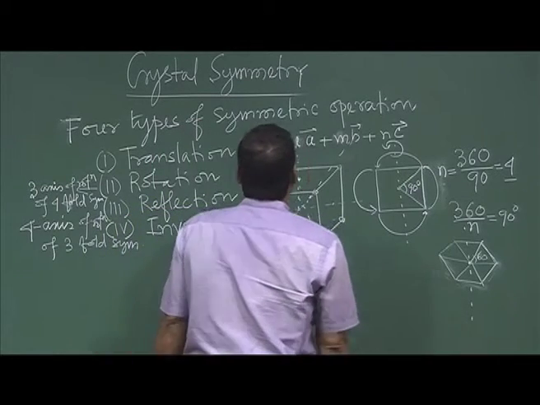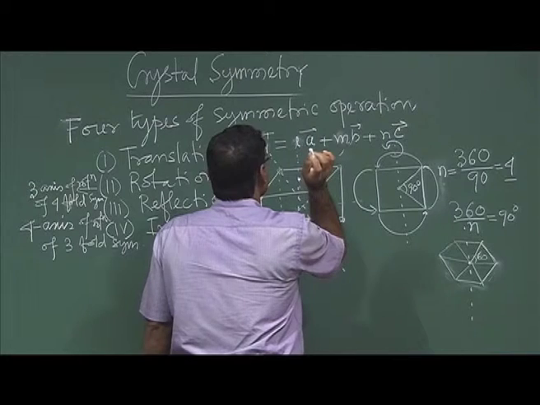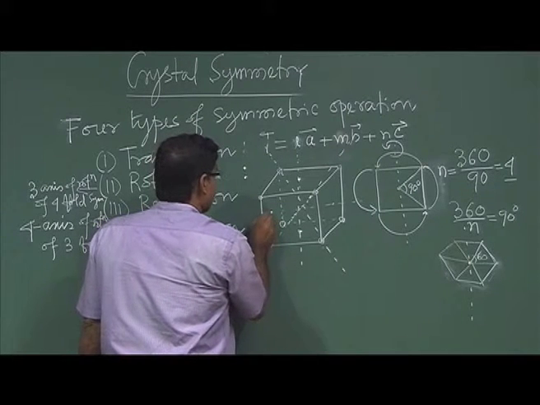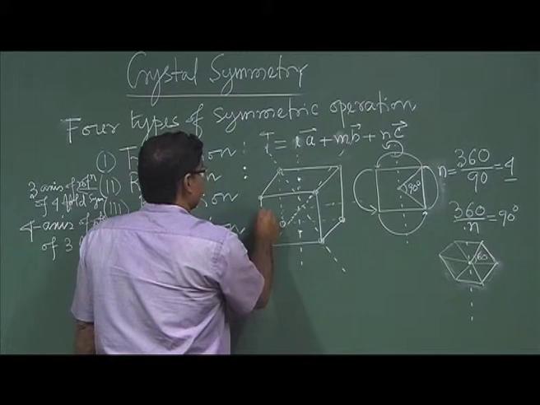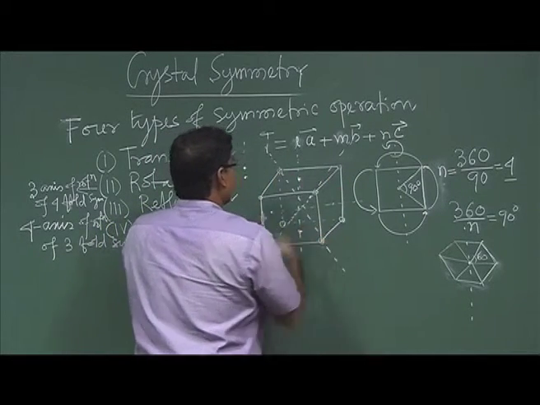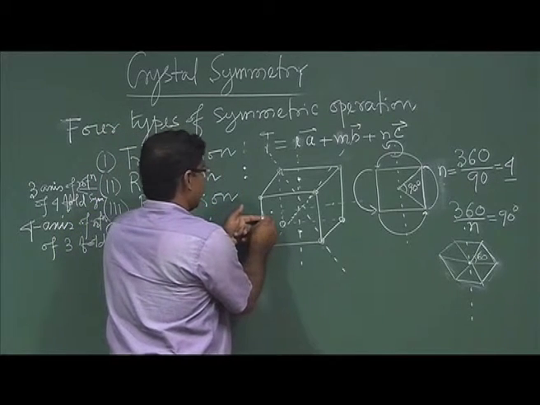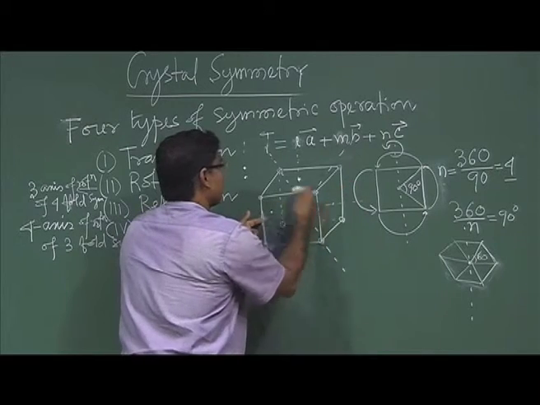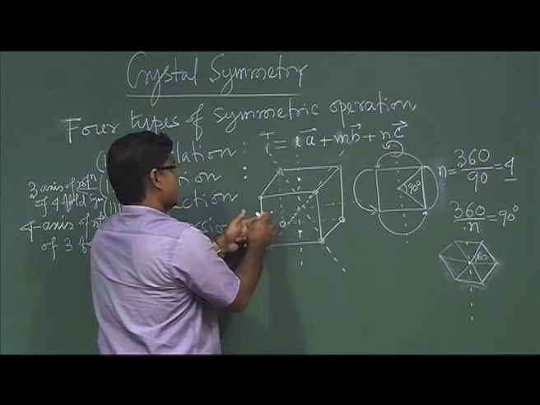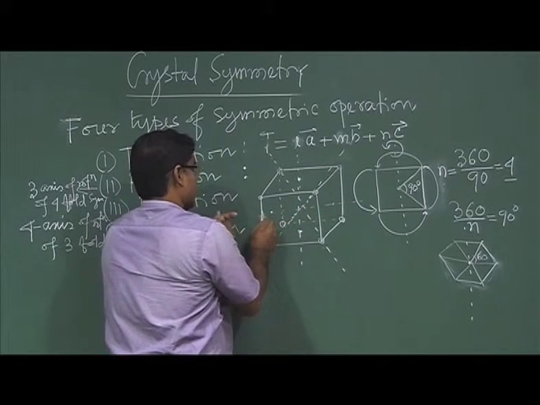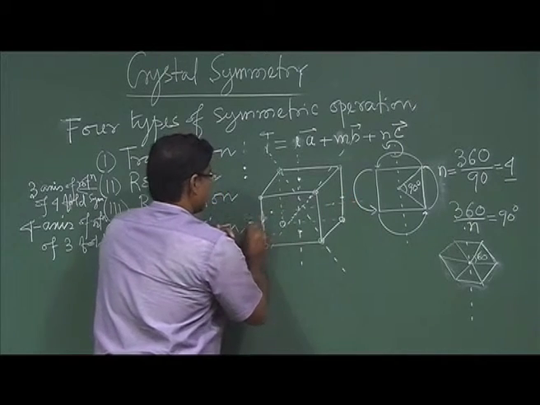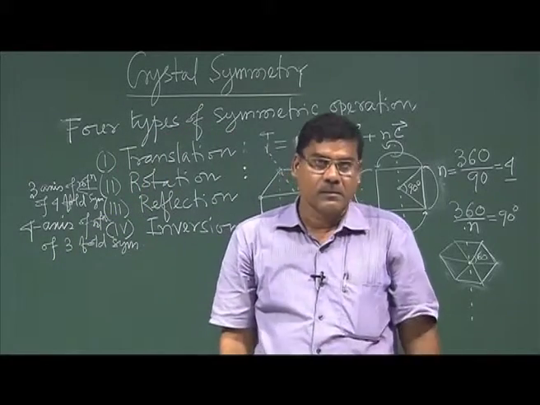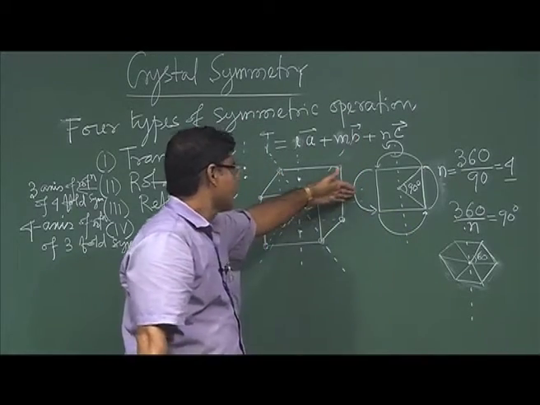Yes, if you take the axis passing through the middle of the edge, there are 8 edges, passing through the middle of opposite edges of the cube, you will get another rotational axis.